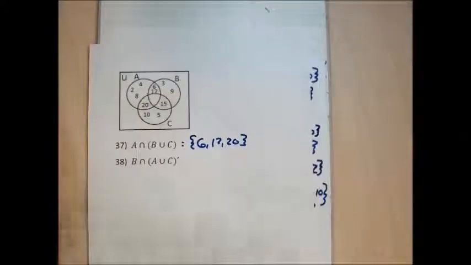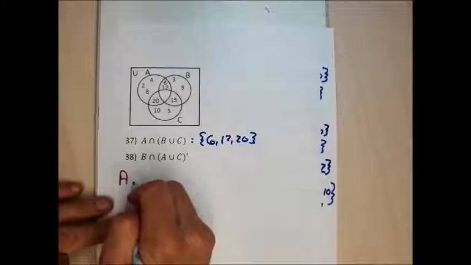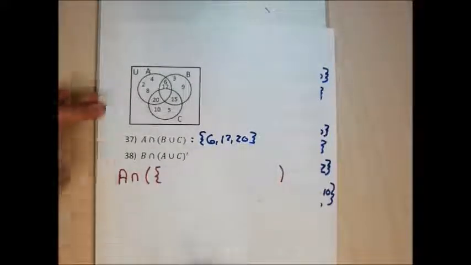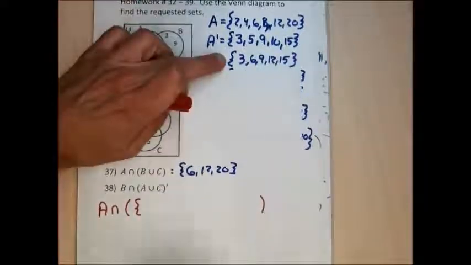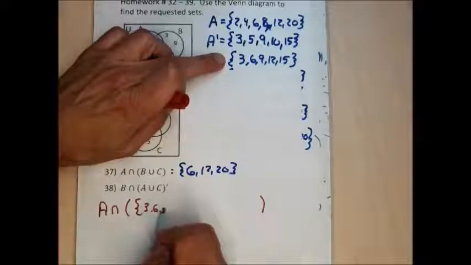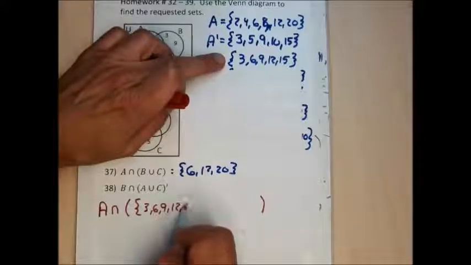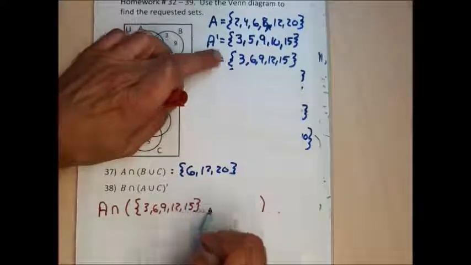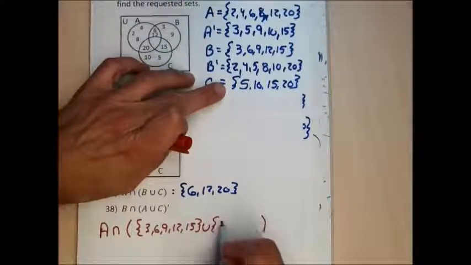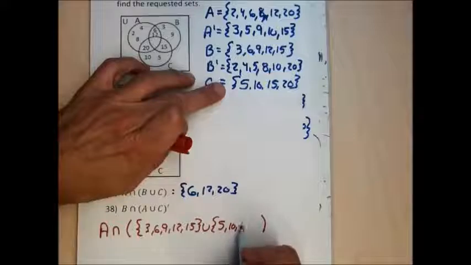So for 37, because of the parentheses, I need to do the parentheses first. Parentheses wants B union C. In place of the B, I'm going to put 3, 6, 9, 12, and 15. Then the union symbol, and in place of the C, 5, 10, 15, and 20.